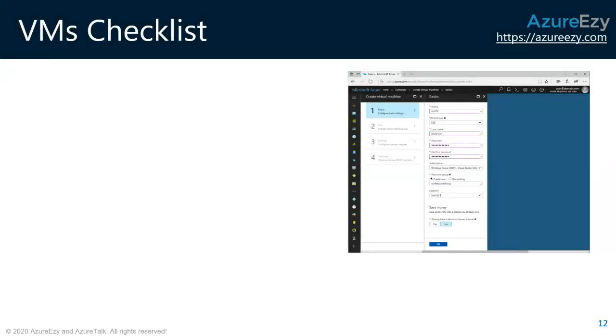Now, when you deploy your virtual machine in Azure, you will see an interface like that. When you are going into this particular interface, there are certain main things, or a checklist, you have to have in your mind before you deploy your virtual machine, and most probably during the deployment of a production workload.